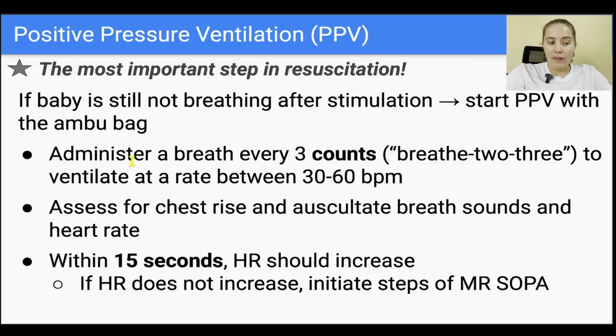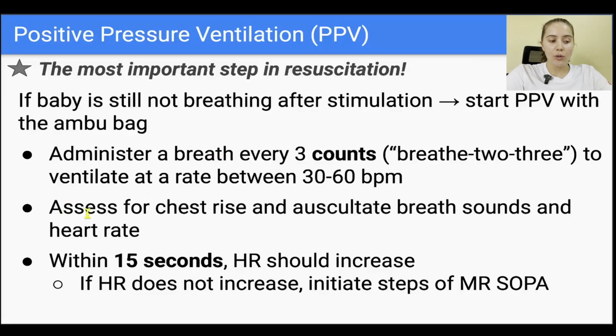So whenever you start ventilation, administer a breath every 3 counts to ventilate at a rate between 30 to 60 breaths per minute. So there's a certain rhythm, a little song you can sing to yourself whenever you're ventilating, and it goes breathe, 2, 3, breathe, 2, 3, breathe, 2, 3. So that's 1 breath every 3 counts.